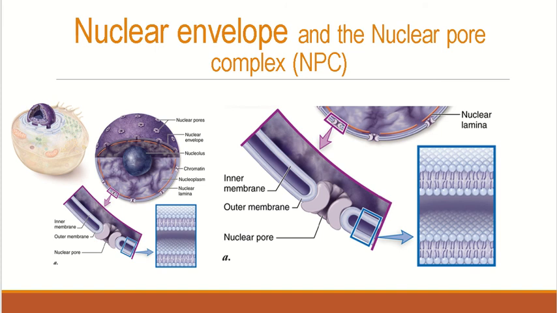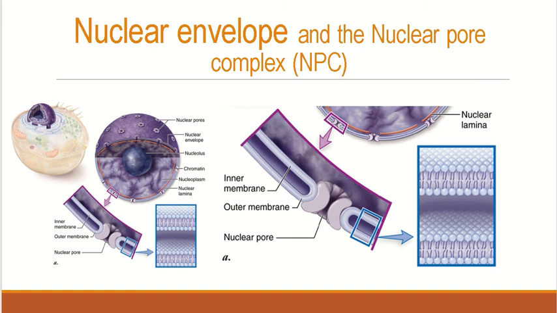Now, as you can see in this figure, the nucleus is bounded by the nuclear envelope. As we magnify this figure and proceed to the figure next to it, it is very evident that the nuclear envelope or the nuclear membrane is composed of two membranes.